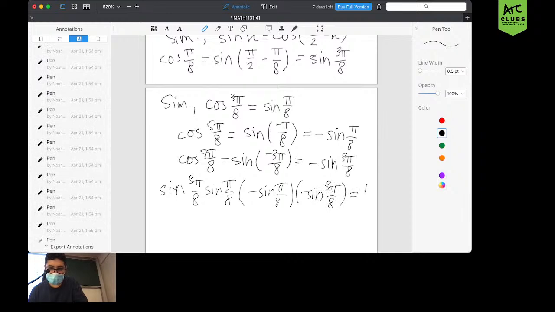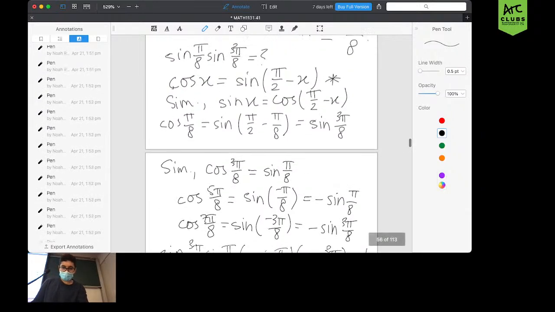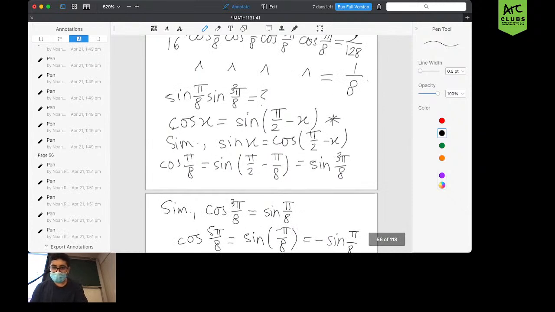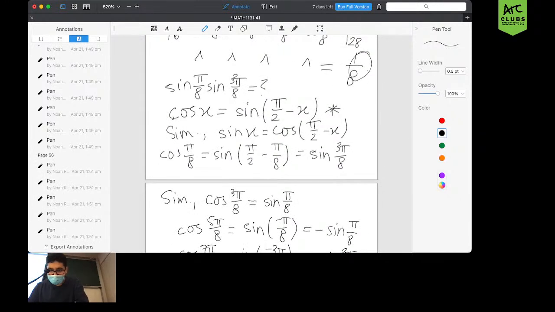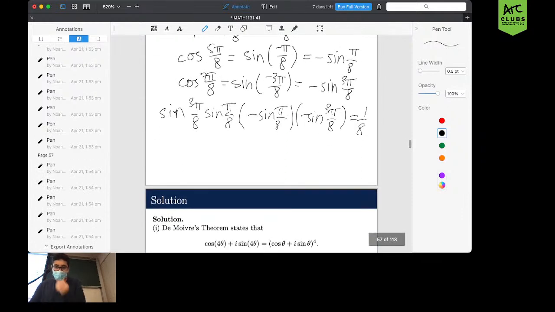Well, that's equal to 1/8 as we have from here. We have two negative signs in the product on the left-hand side, which just becomes +1. We also have two sin π/8s, so that becomes sin squared π/8, and two sin 3π/8s becomes sin squared 3π/8, equals 1/8.